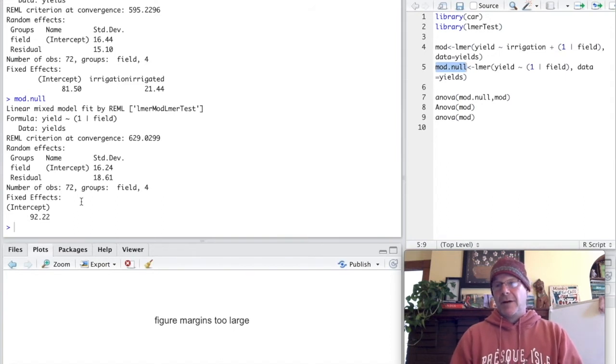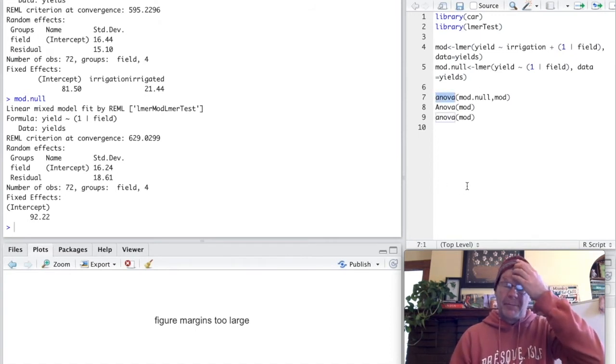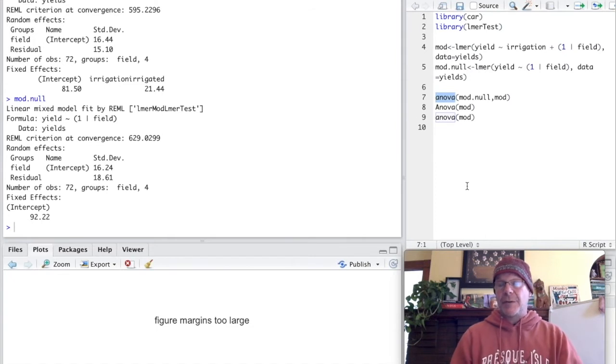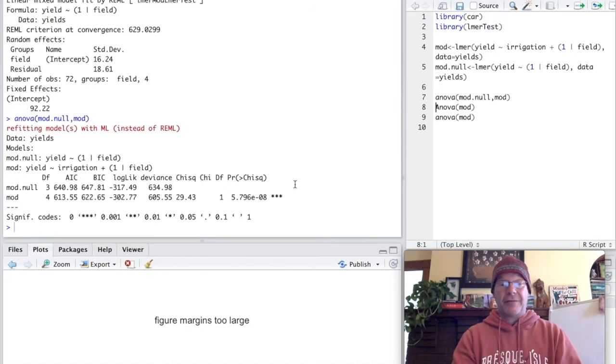And if we recall, there are 3 different ways we talked about last time to do the hypothesis testing. One is to use the lowercase anova function that is part of base R. If we give it 2 models, here I'm giving it our null model and our full model, it would do a likelihood ratio test for us.